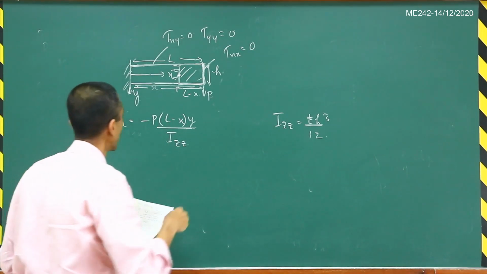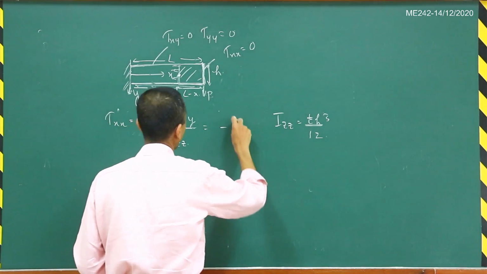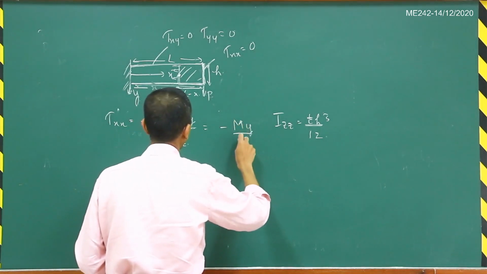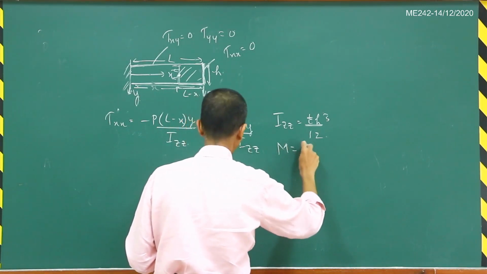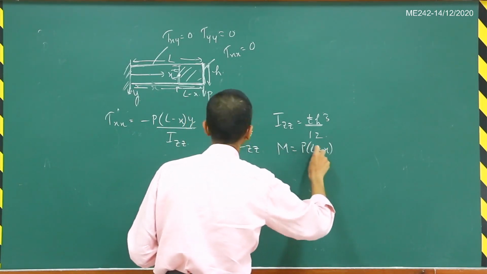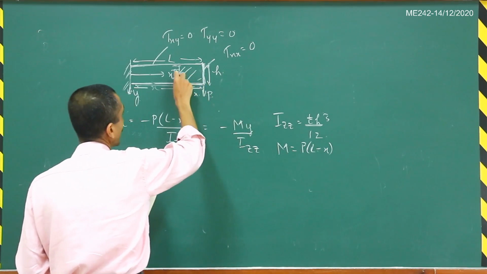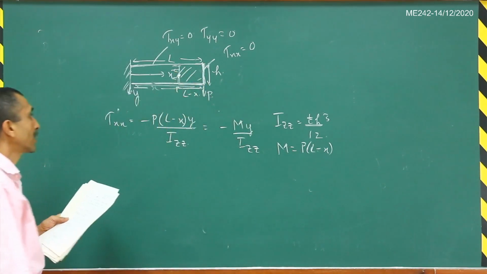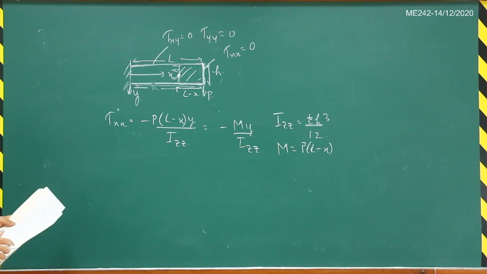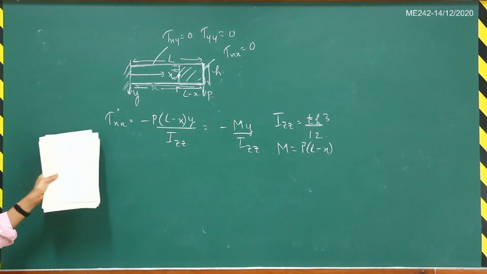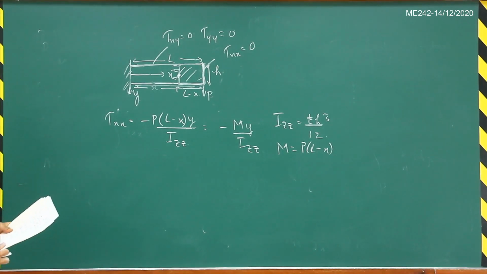So this is equal to minus M y divided by I zz, where M equals P times L minus x is the moment at any given section. The strength of materials formula, although derived using some assumptions, is a very good approximation to this particular solution.